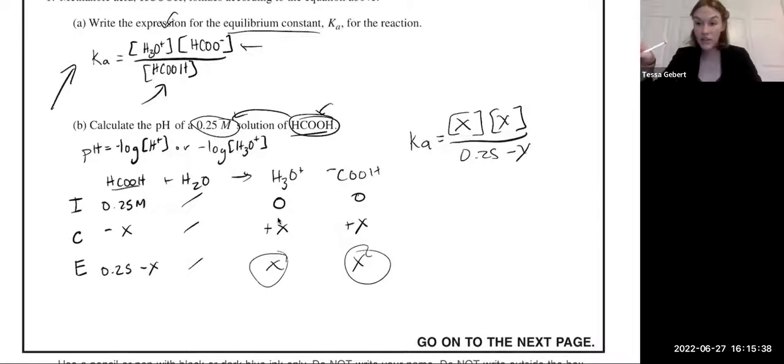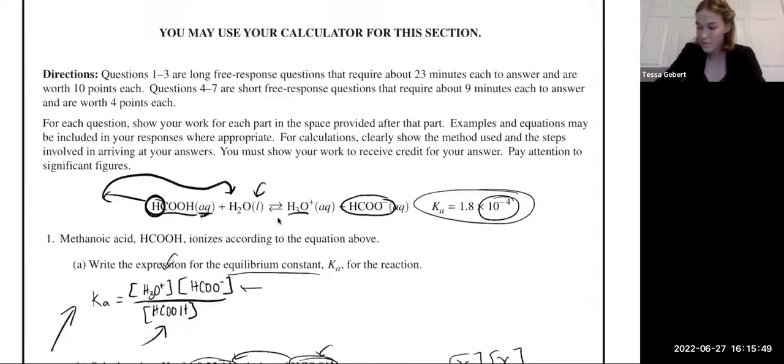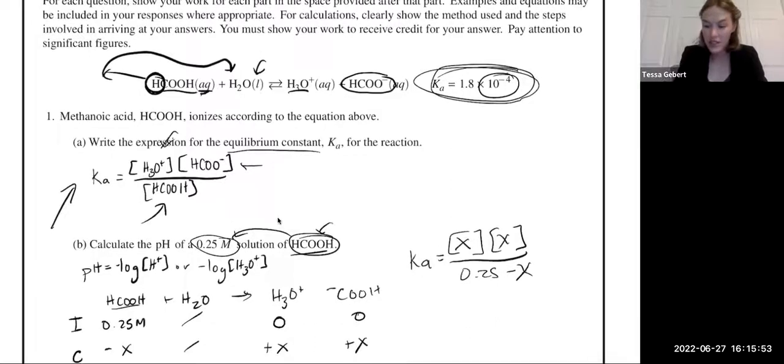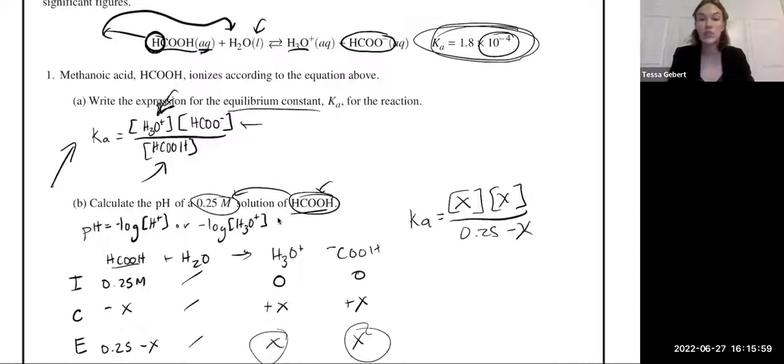Now you can solve for X, which will give you the concentration of your H3O plus, using the quadratic equation. But in this case, we can assume, because this is a really small number, that realistically there's not much of this being made because it has to be over a very large denominator. We can assume that X is so small that it's negligible.